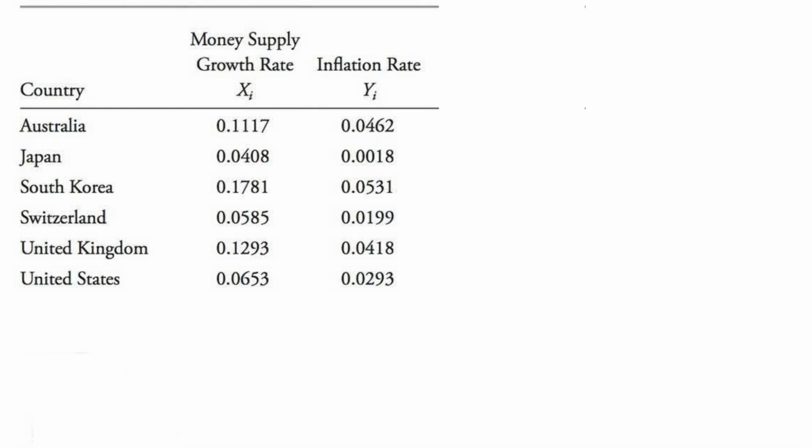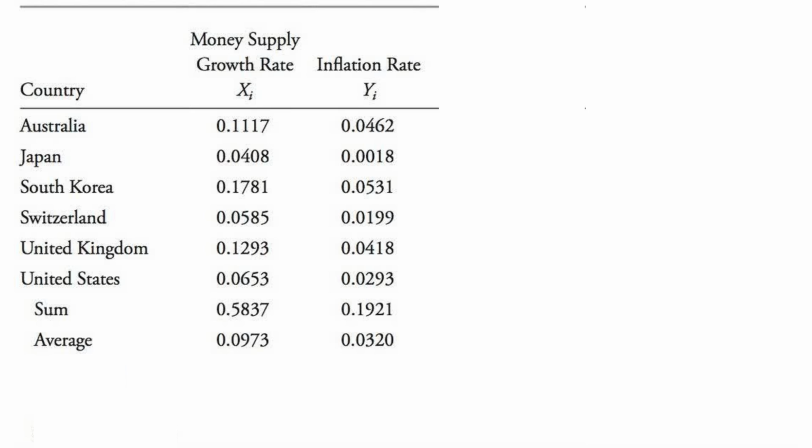The following table presents the individual observations on countries' annual average money supply growth from 1980 to 2012, denoted by Xi, and individual observations on countries' annual inflation rate for the same period, denoted by Yi. We can add all of the observations together and calculate the mean by dividing the sum by n.